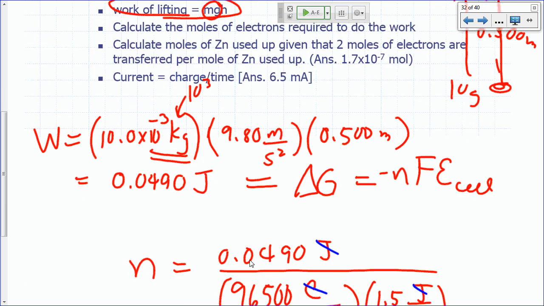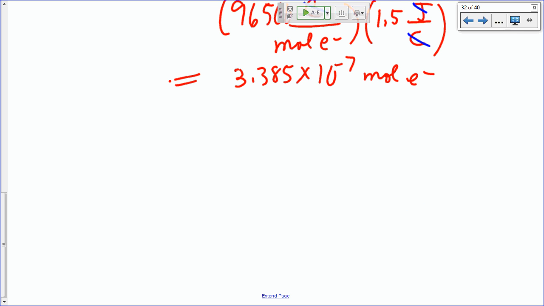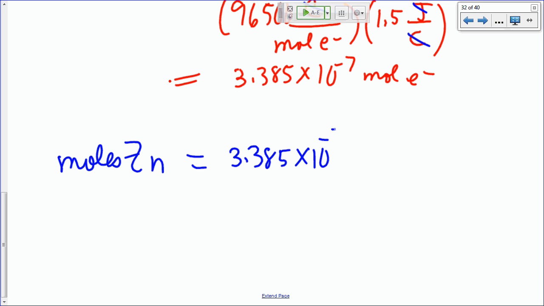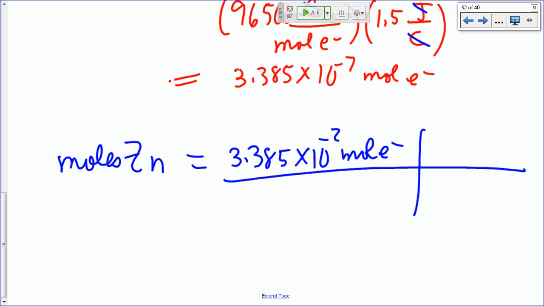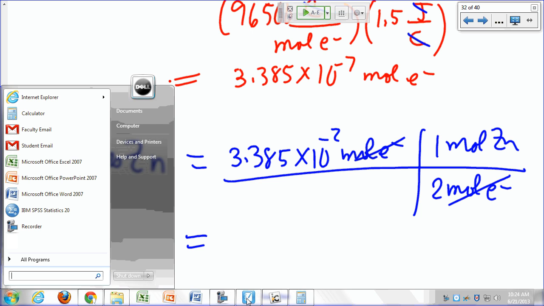Moles of zinc equals 3.385 times 10 to the negative 7 moles of electrons times 1 mole of zinc consumed for every 2 moles of electrons transferred. So how many moles of zinc would that be?